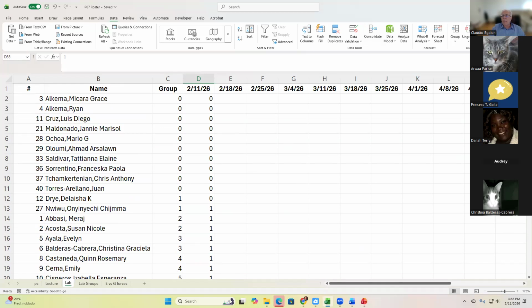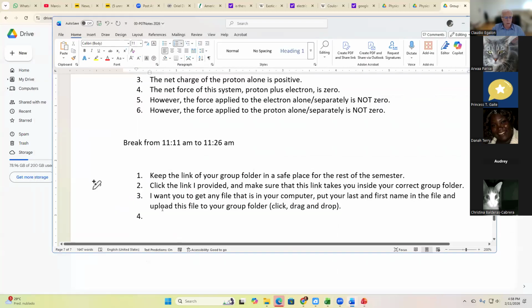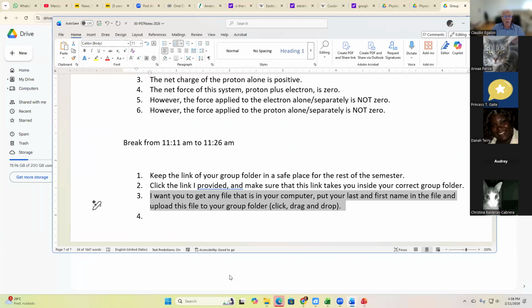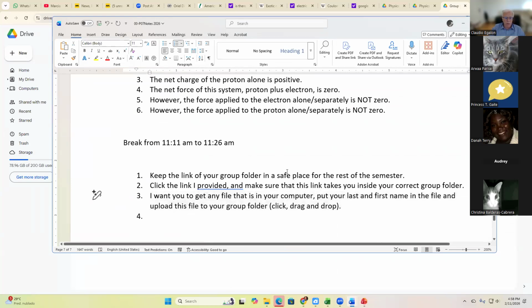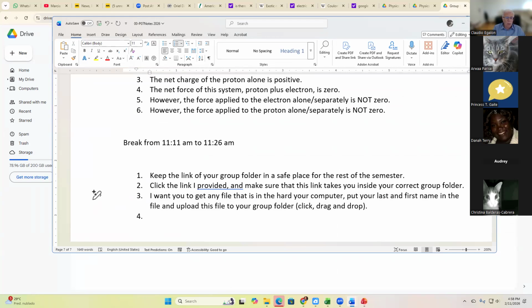So let's go for the next exercise. Get any file that is in the hard drive of your computer, write your name in this file and upload it to your group folder.